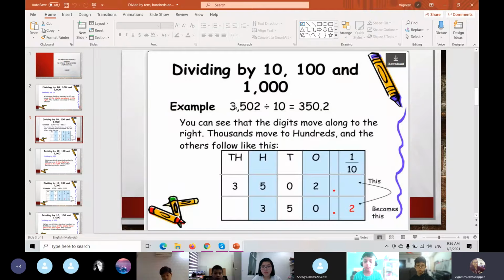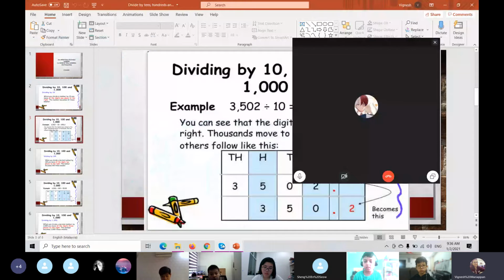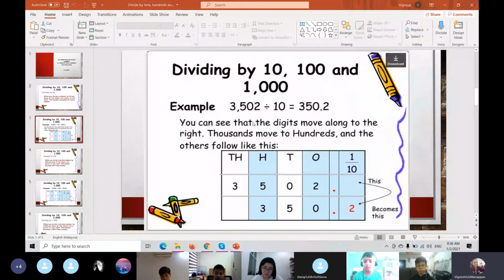For 3502, we assume that there is a decimal at the end of this number, correct? So you have to move one decimal place to the left so that you will get 350.2. Why do we get a decimal here?